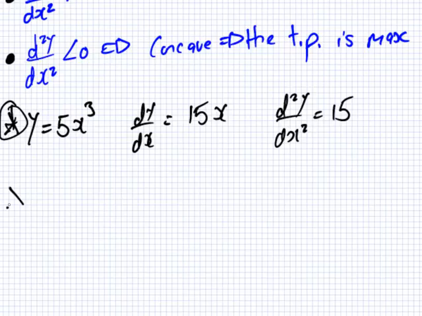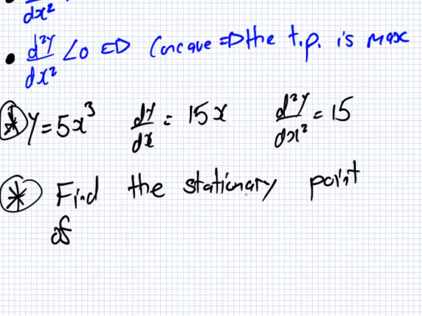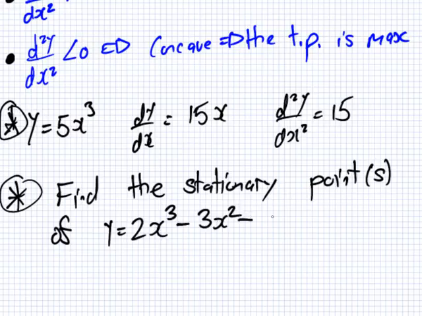So in this question, find the stationary point or points of y equals 2x cubed minus 3x squared minus 36x plus 36.